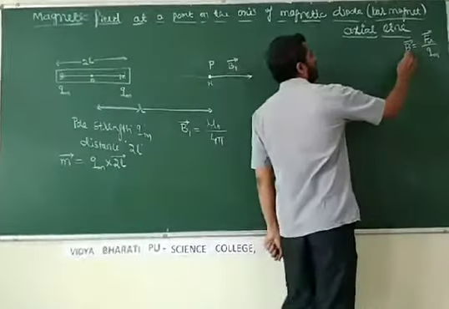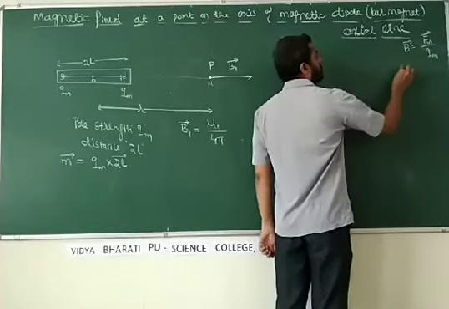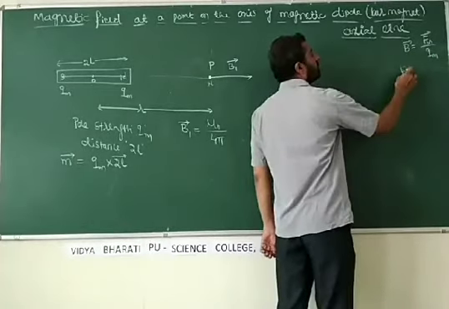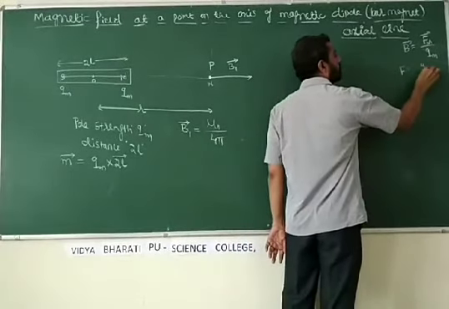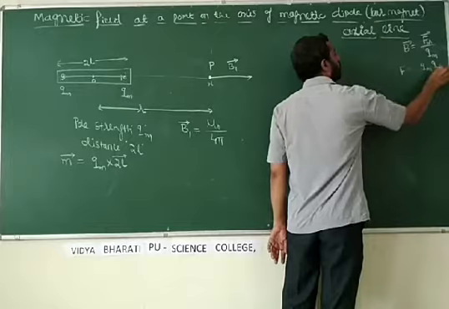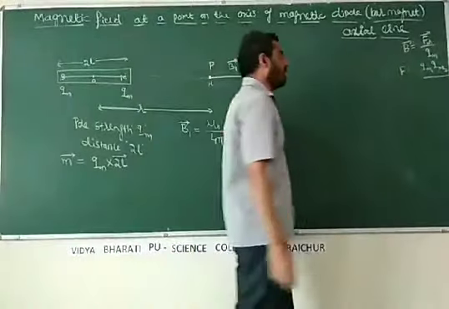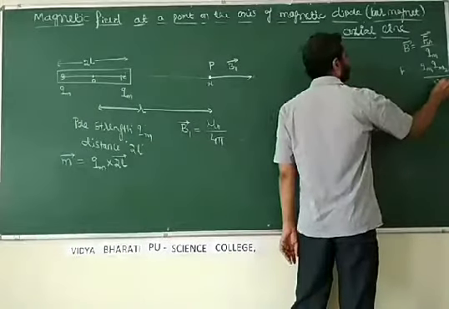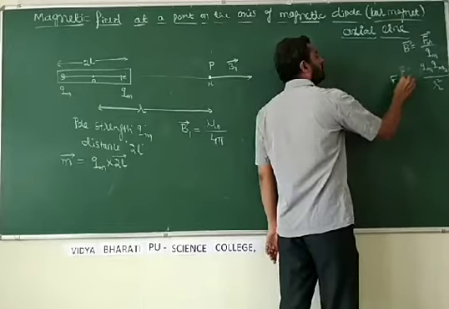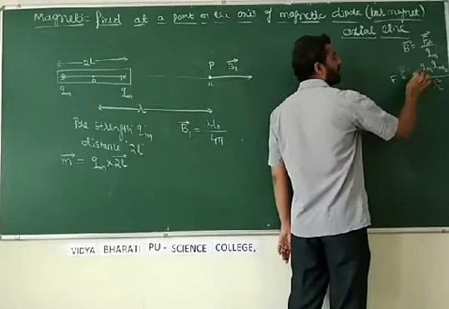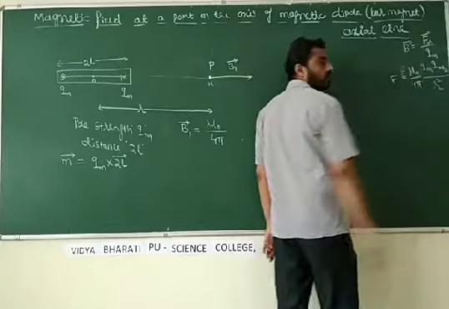And by following the Coulombian law of magnetism, how can this be written? Force existing between two poles of the magnet is directly proportional to the product of the two poles, and inversely proportional to the square of the distance between them. If you take it as equal to, there comes a constant of proportionality. That constant of proportionality here is mu naught by 4 pi.